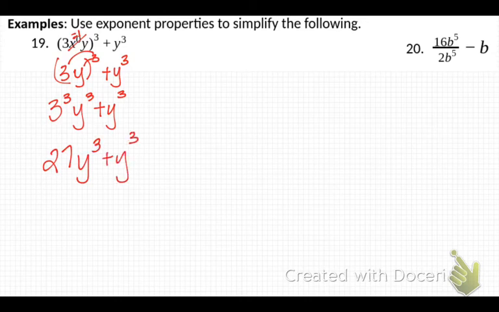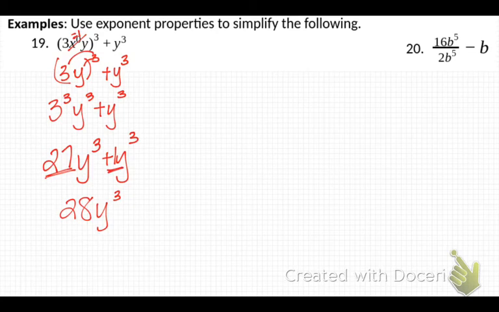How do I combine these? They're like terms. I heard a couple of you say it. I want you to be more confident. 28 y to the 3rd power. Because there is a 1 right here. I have 27 y to the 3rds, and then I have one more of them, which is 28.